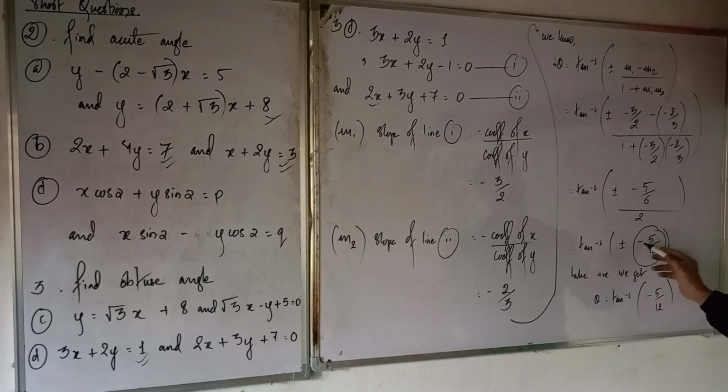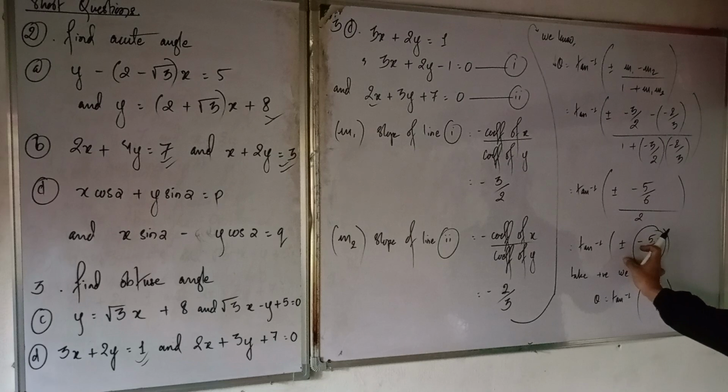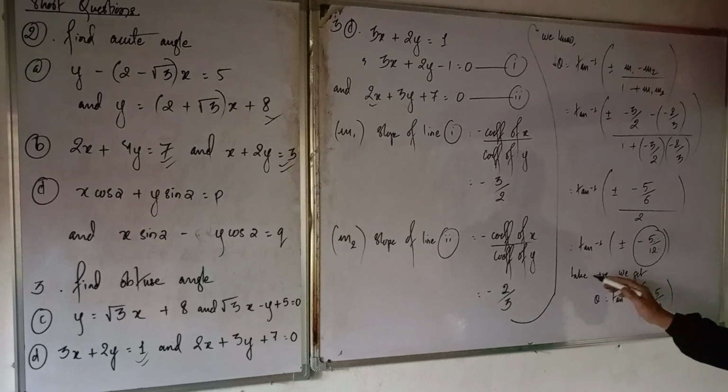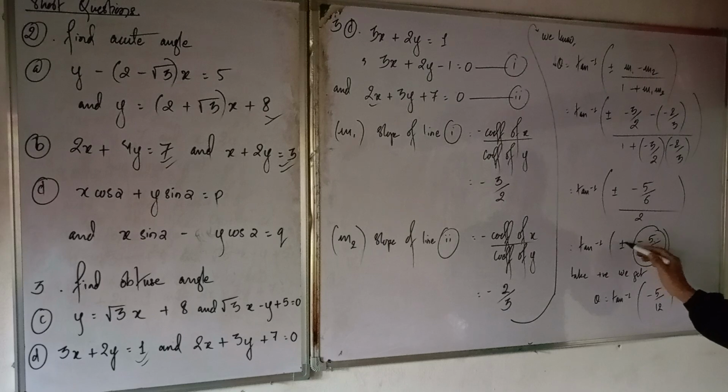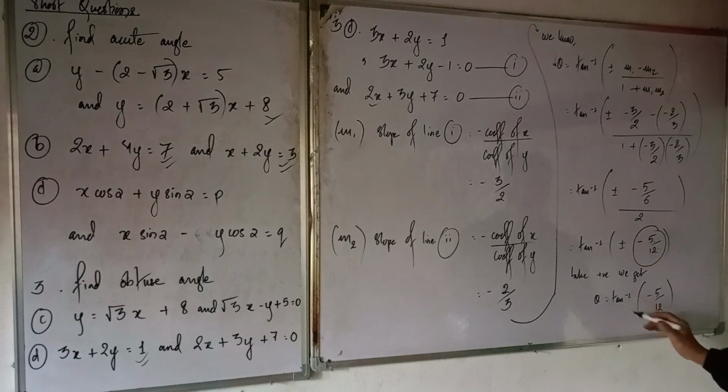If you take the negative sign, it becomes positive, because minus times minus is positive, and that gives the acute angle. We need the obtuse angle, so we just take the positive sign, which does not change the sign already within the value. So tan inverse of minus 5 by 12.